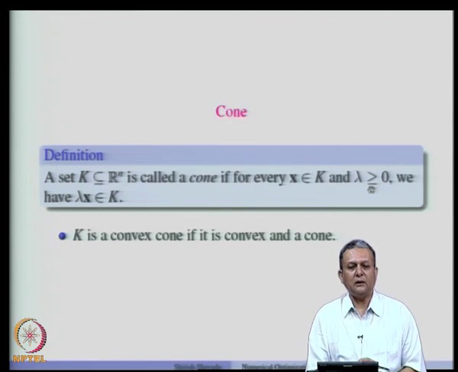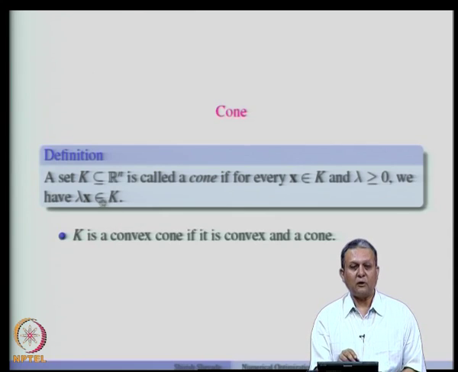What this definition essentially means is that if you take any vector x in the cone, then a non-negative multiple of that vector should always belong to the cone. Now, remember that lambda is greater than or equal to 0. So, when you substitute lambda equal to 0, it means that 0 also should belong to the cone.